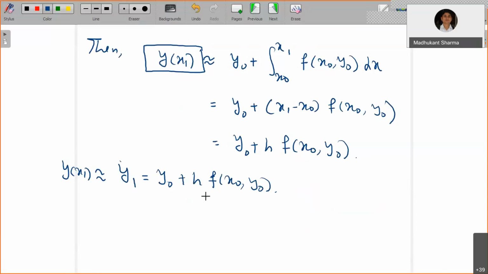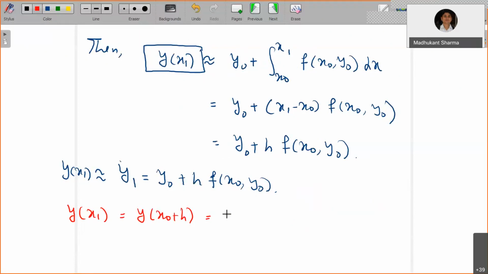What else you can do is, yes, we can certainly talk about the error here. If you look at y at x1, what is that? y at x1 is y at x naught plus h. Now use Taylor's theorem. Suppose that y is at least two times differentiable and the second derivative is continuous.